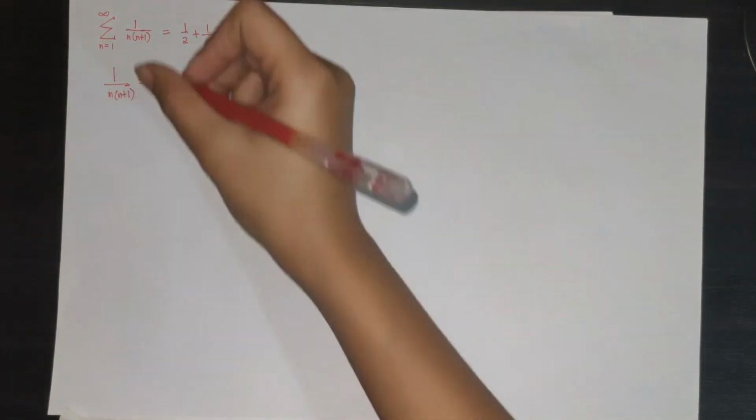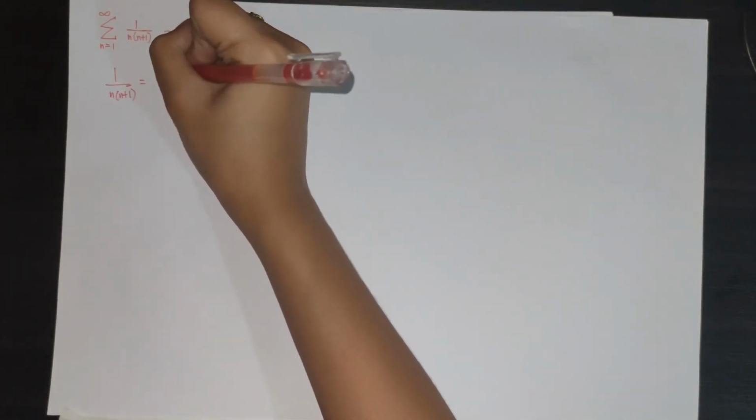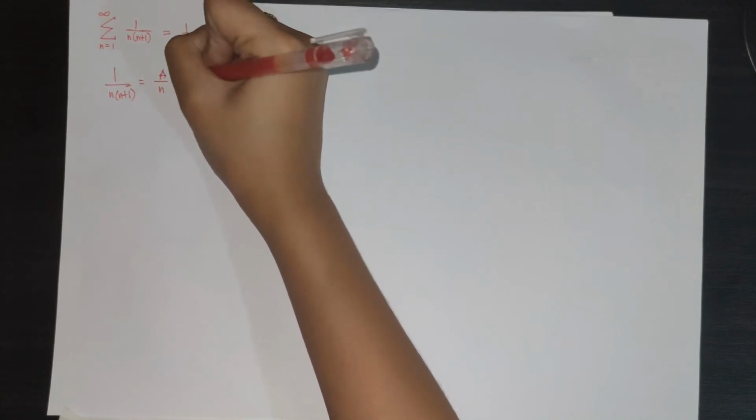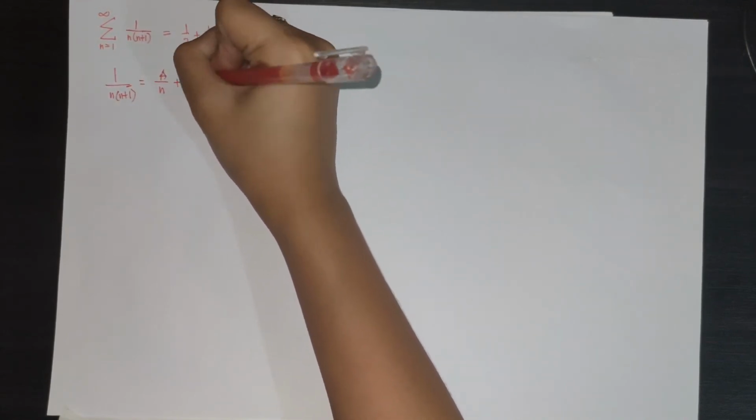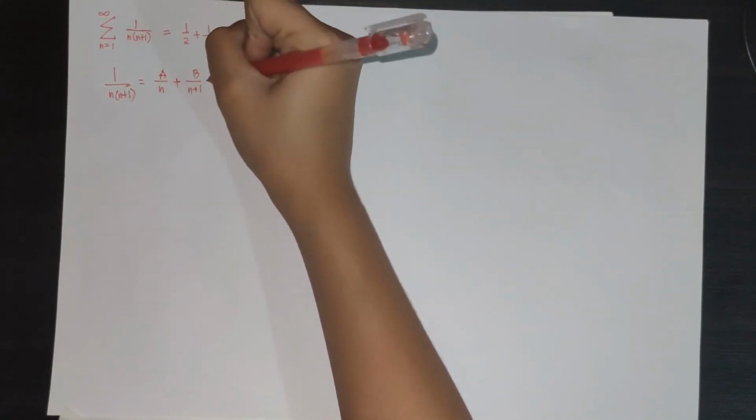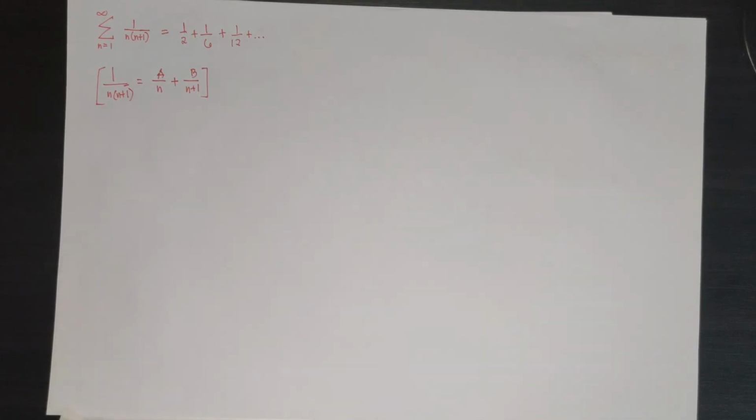So we need to use partial fraction decomposition. We're going to set this fraction equal to a over n plus b over n plus 1. So what we need to do is determine the values of a and b.